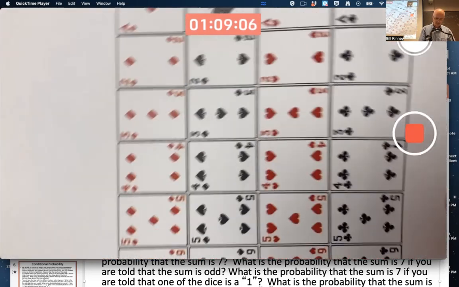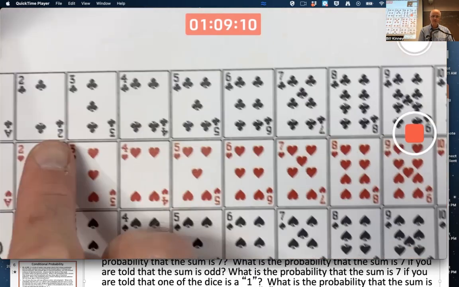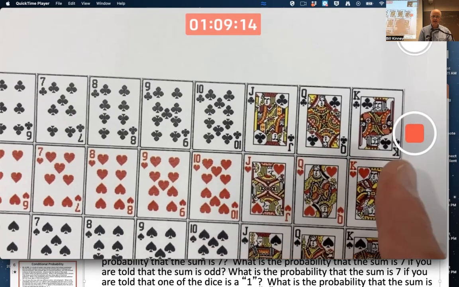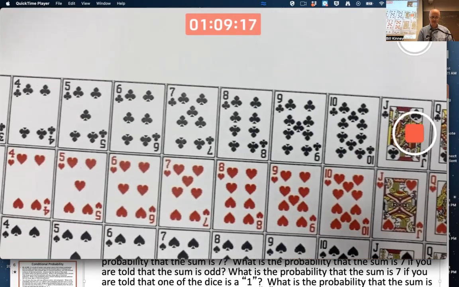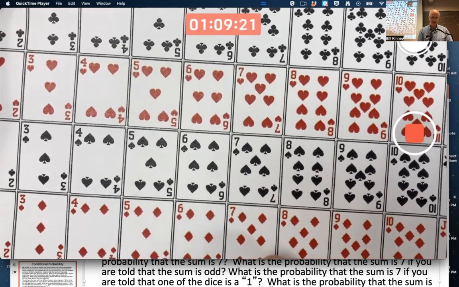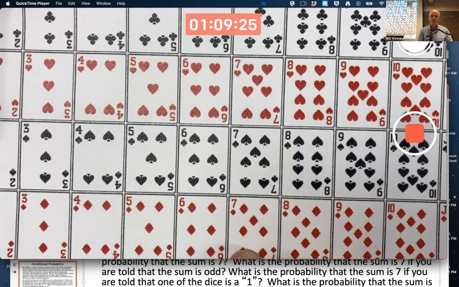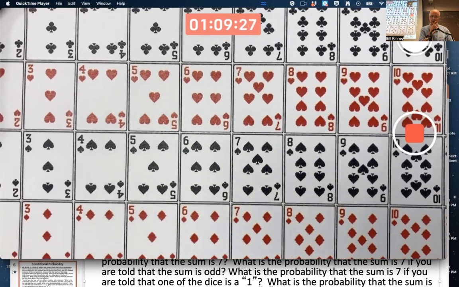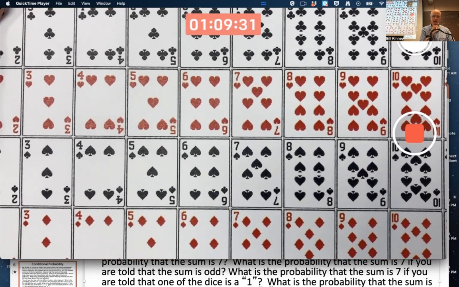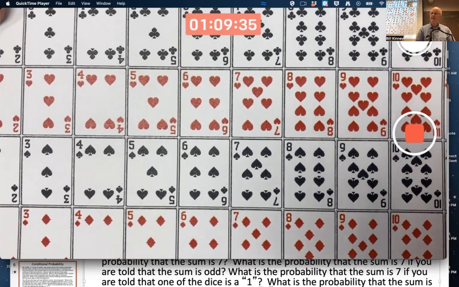Ace, 2 through 10, face cards, Jack, Queen, and King. 4 suits: clubs, diamonds, spades, hearts. Clubs and spades are black, hearts and diamonds are red. 52 cards total, 13 in each suit.